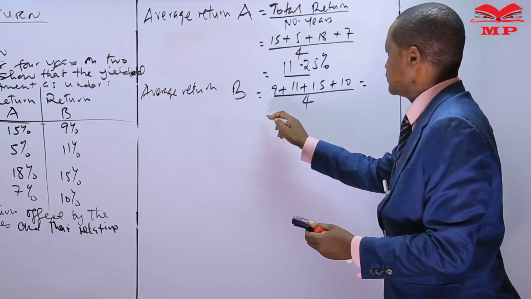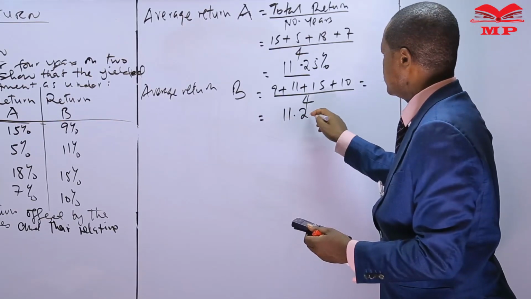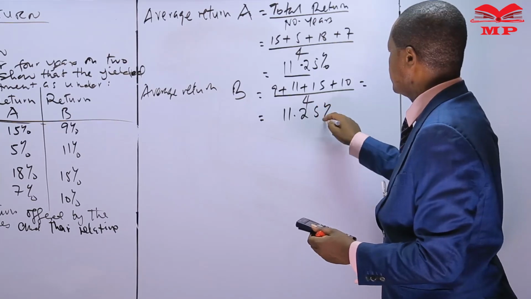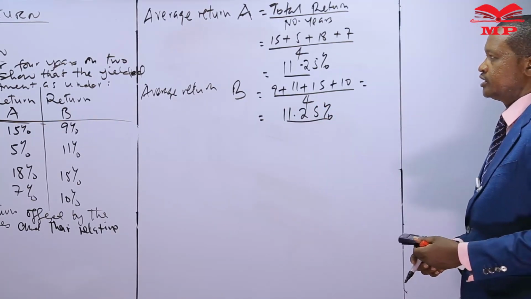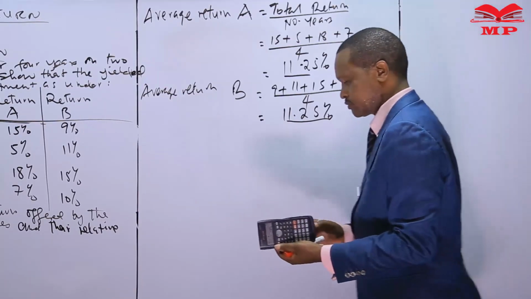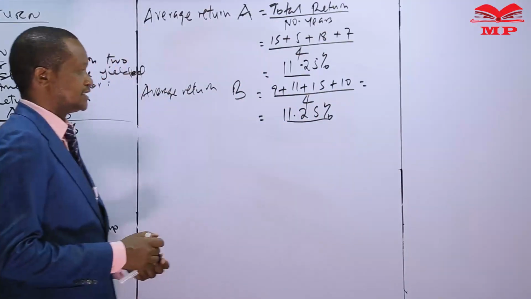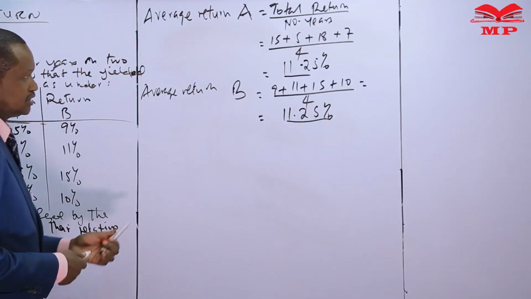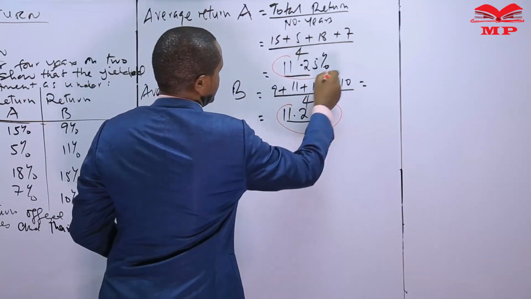So the average return for the two securities is 11.25%. Both securities yield an average return of 11.25%, a similar return for the two investments.